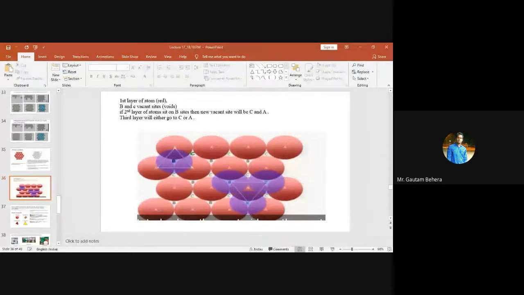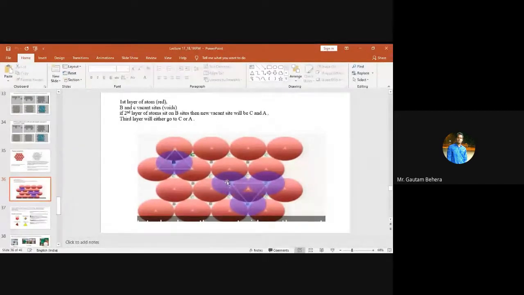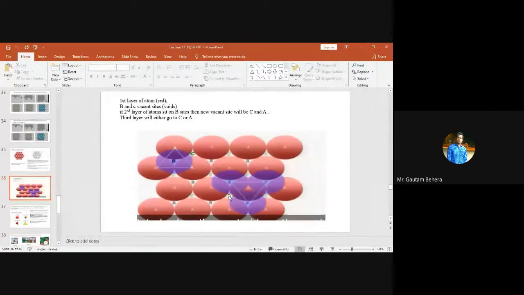Just have a look. The second layer of atoms are the blue atoms. They are sitting in the B sites, right? Then what will happen? C sites are vacant, and again A sites will remain vacant for the third layer. So whether the third layer of atoms will sit in the C site or the A site will decide the stacking sequence of atoms, right?